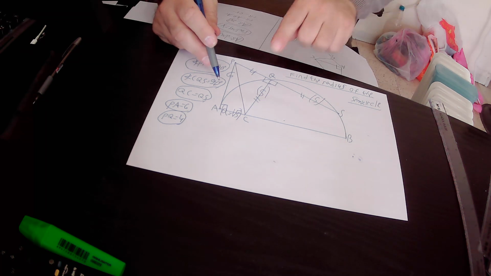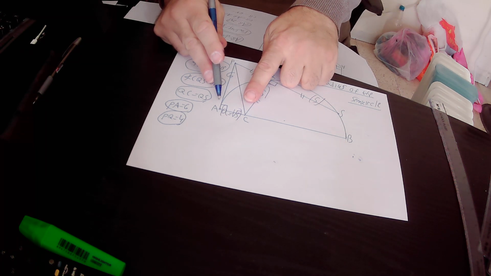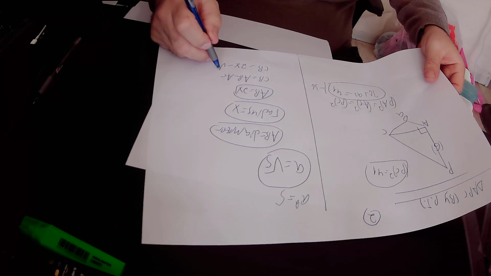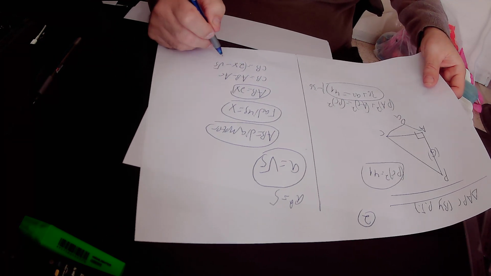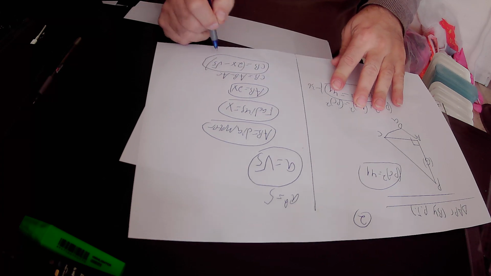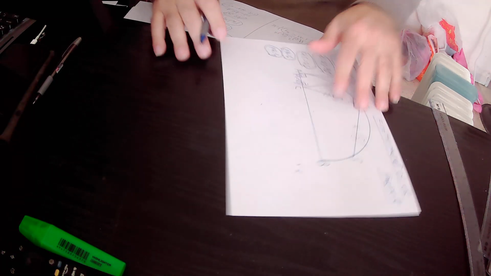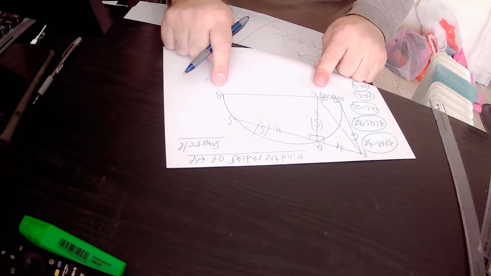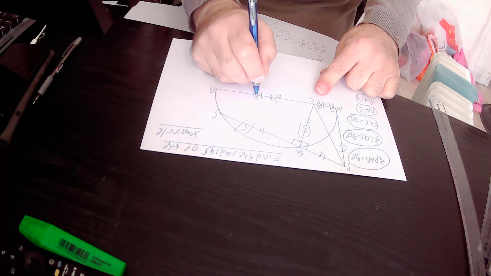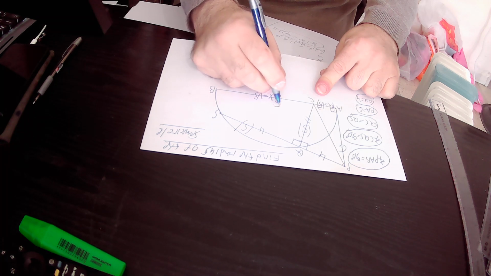We have found out that AC equals A, and A equals the square root of 5 units. So in total we found out that CB equals 2x minus square root of 5 units.